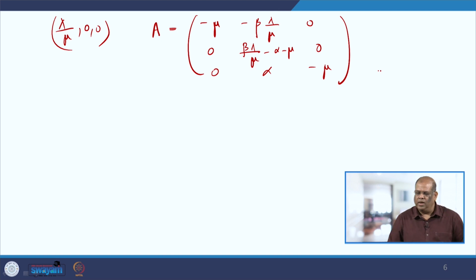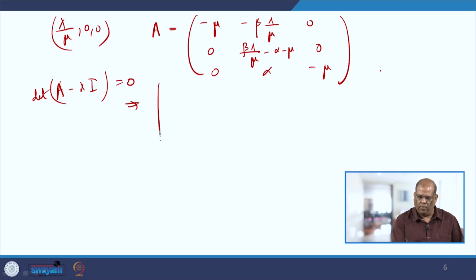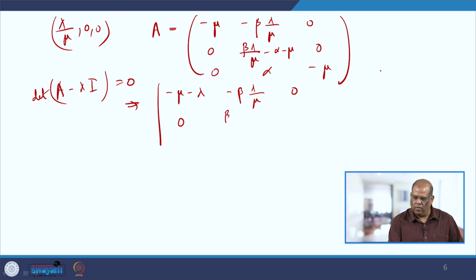And I have to find its eigenvalues, which will be given by determinant of A minus lambda I equal to 0, which will imply minus mu minus lambda, minus beta lambda by mu, 0; 0, beta lambda by mu minus alpha minus mu minus lambda, 0; 0, 0, alpha minus mu minus lambda.